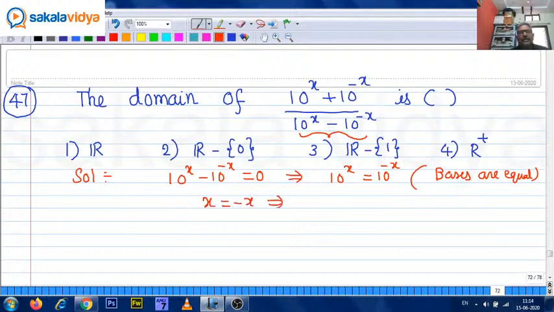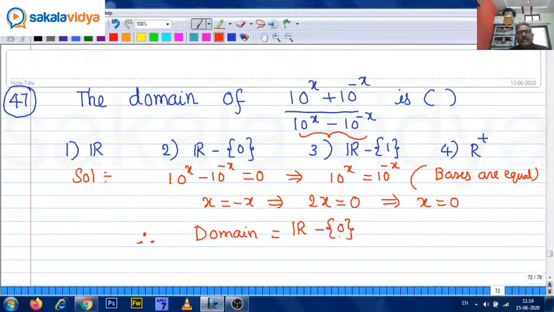Bring minus x to this side: 2x equals 0, so x is 0. That means x should not be equal to 0. That's why domain equals R minus 0. Except 0, it accepts any real value, so we can substitute any non-zero real number.